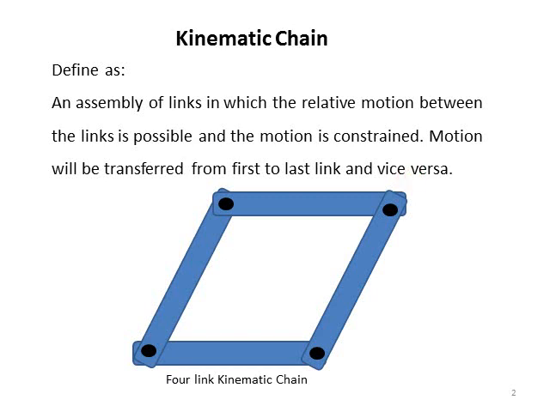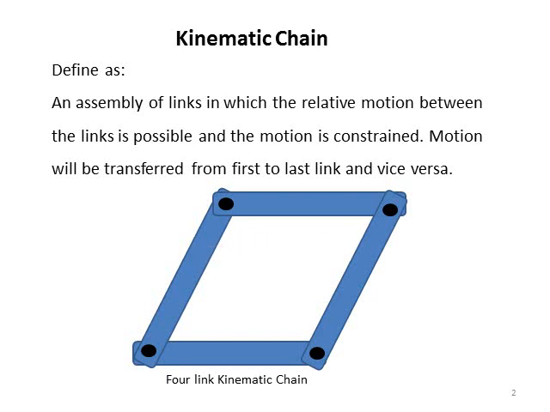As I mentioned earlier, whenever there is a movement in any of the links, the motion will be transmitted to the other links as well, and it will be constrained motion.